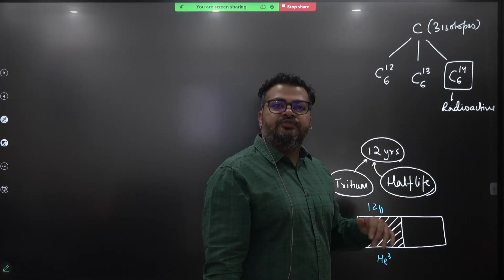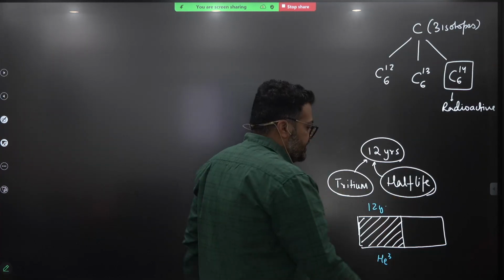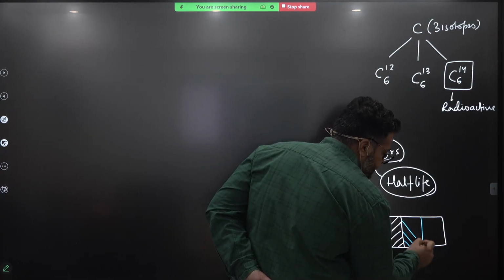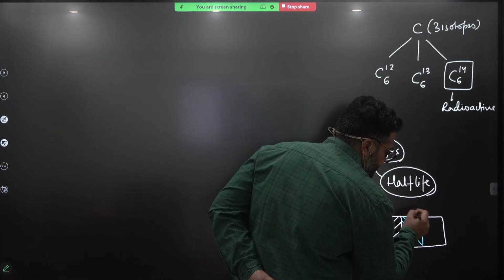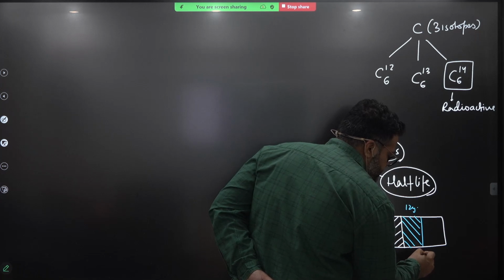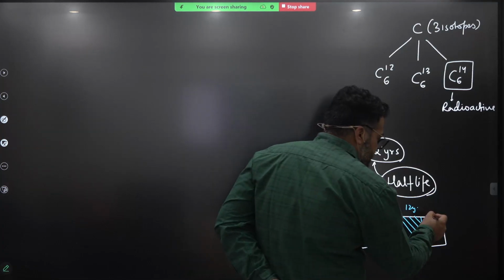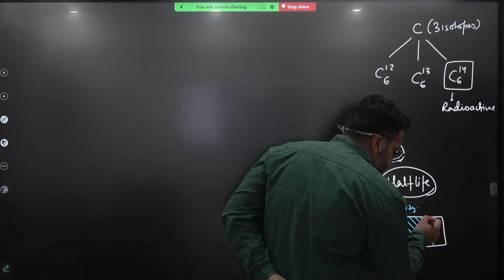Suppose I wait for another 12 years, then in another 12 years, half of this tritium will decay, and this will also convert into helium-3. If I wait for another 12 years, half of this tritium would decay.